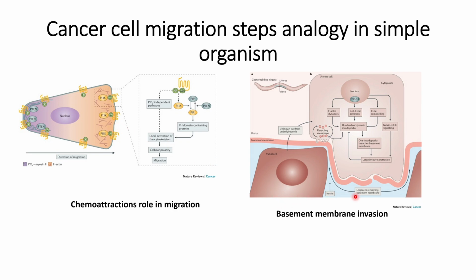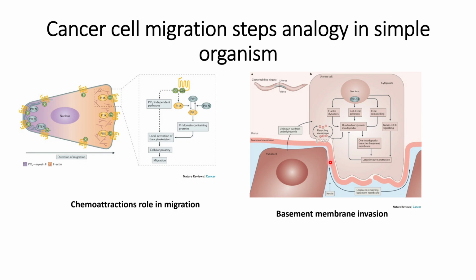Now let us quickly understand how basement membrane invasion occurs. If the cancer cells develop in the epithelial cells, then in order to migrate they need to cross over the basement membrane that surrounds them.